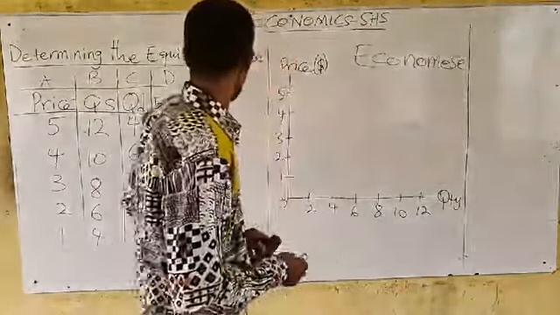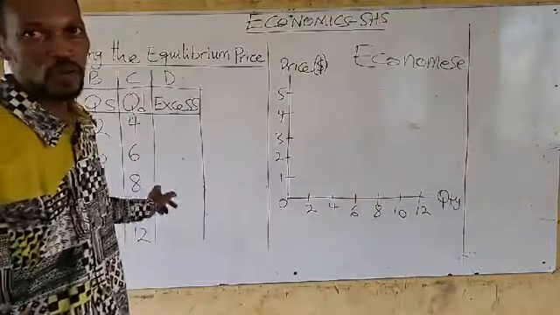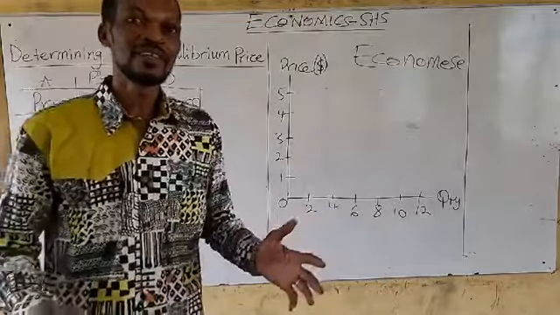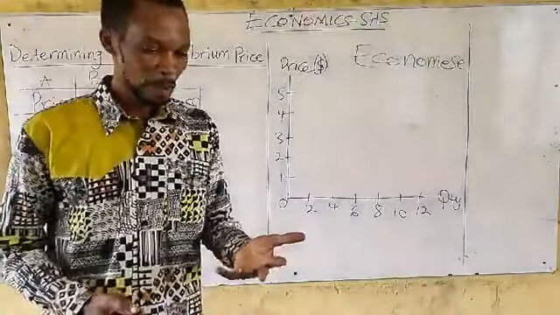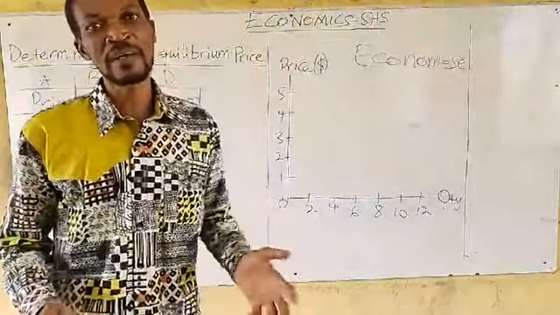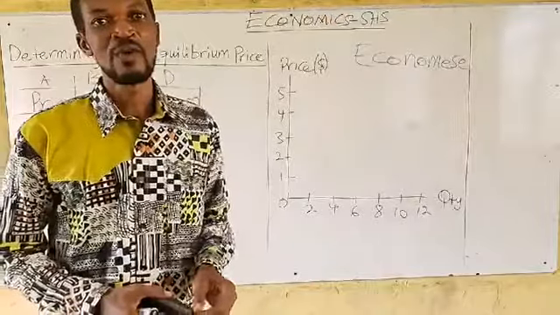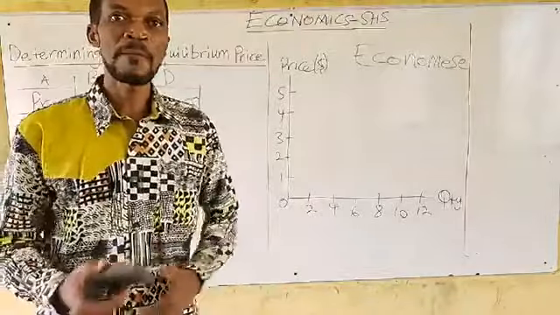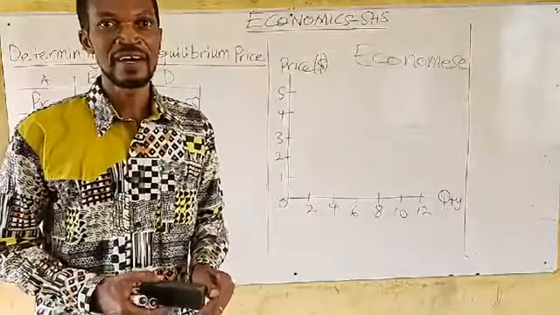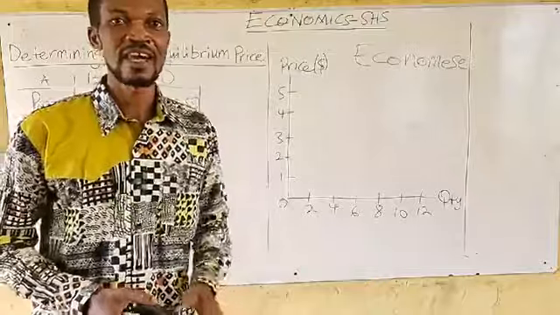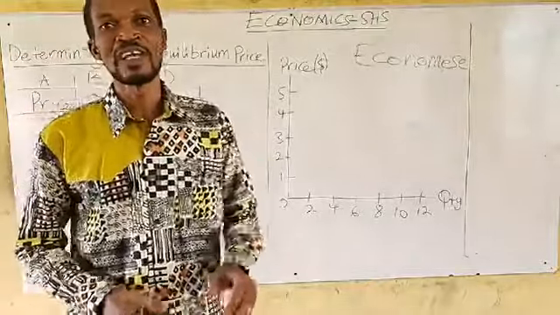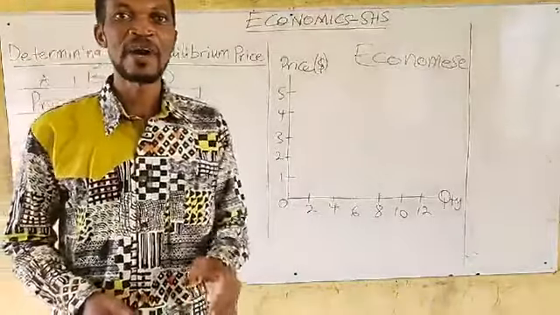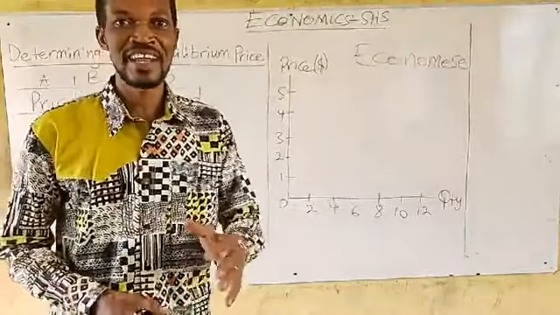Okay, so let's go to the table and explain the table. If you remember, we used one buyer we were calling Ama and another we were calling Kofi. But this time let Kofi be the buyer so that Ama will be the seller.